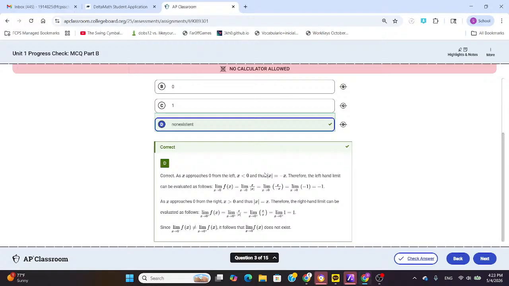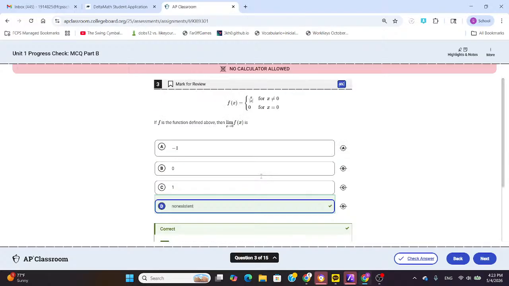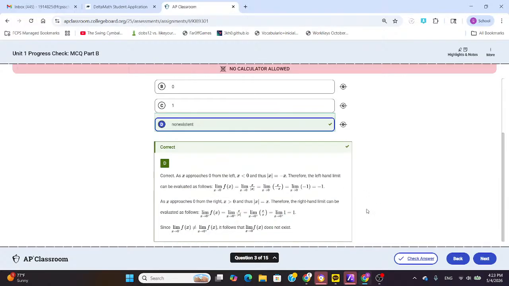If you do the same thing from the right side, you get 1. Since negative 1 and 1 are not the same number, the limit does not exist.